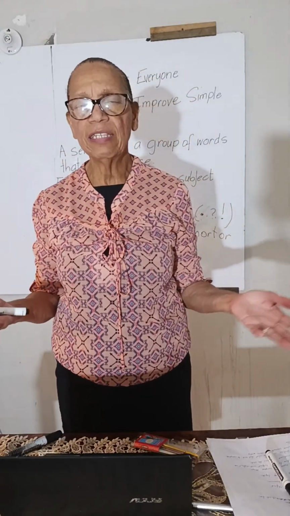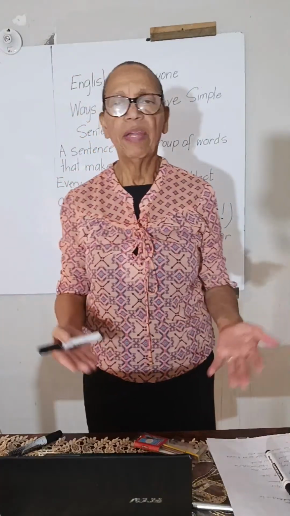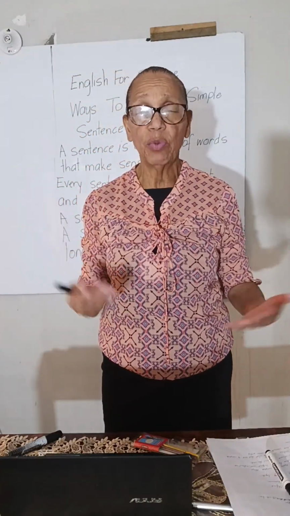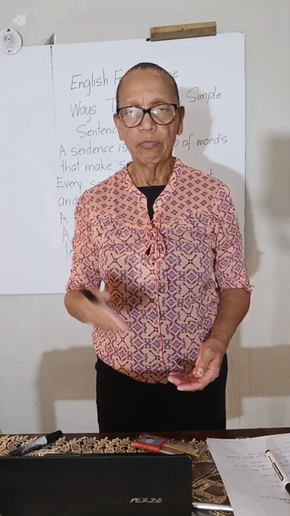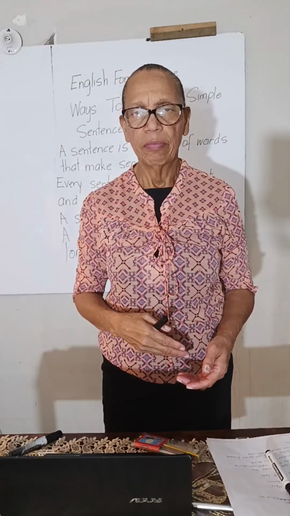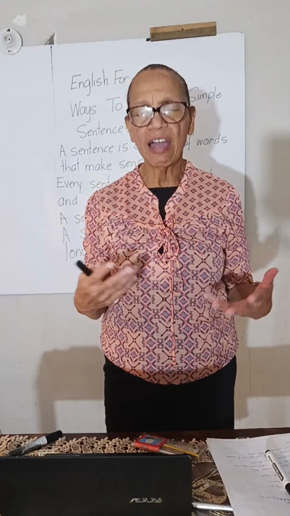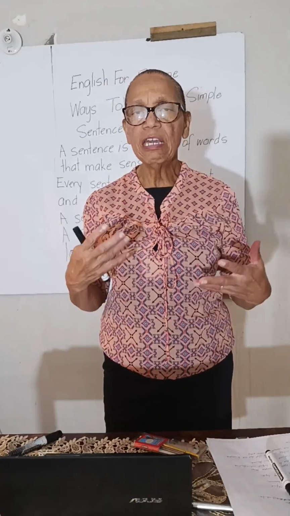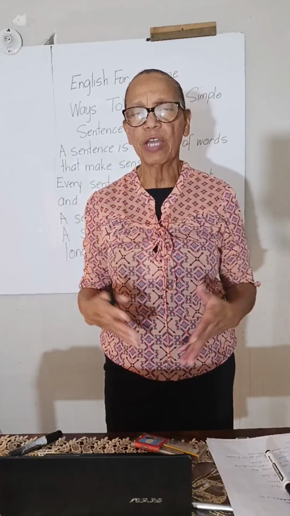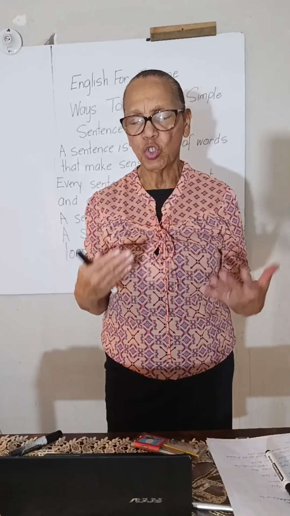So it's not a sentence, it must make sense. But if I say to someone with an expression, run, jump, watch out, those are sentences, because even though they don't have the subject there, it is implied that it is you.